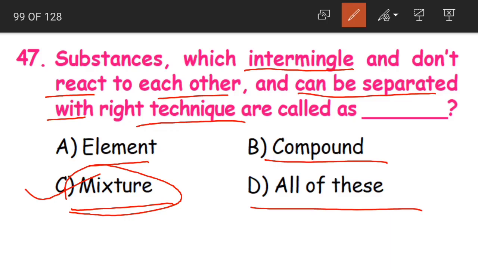So they are intermingled with each other and they don't react with each other. And we can also separate every vegetable from that salad. You can take onion separately, tomato separately, cucumber separately. So all these substances, okay, which can be separated with the right technique are called a mixture.